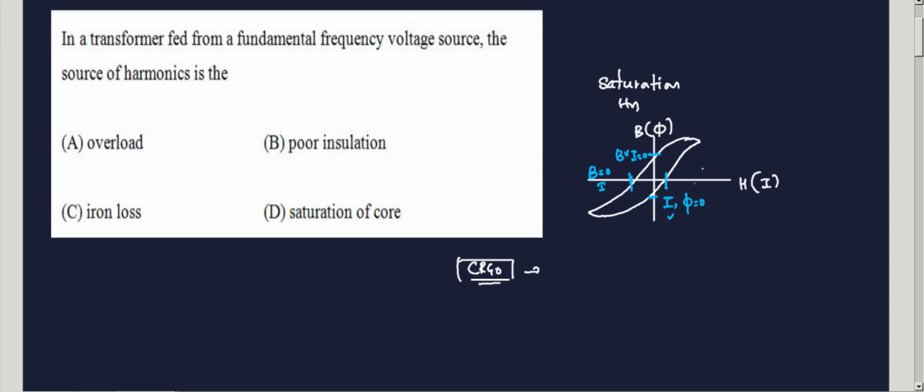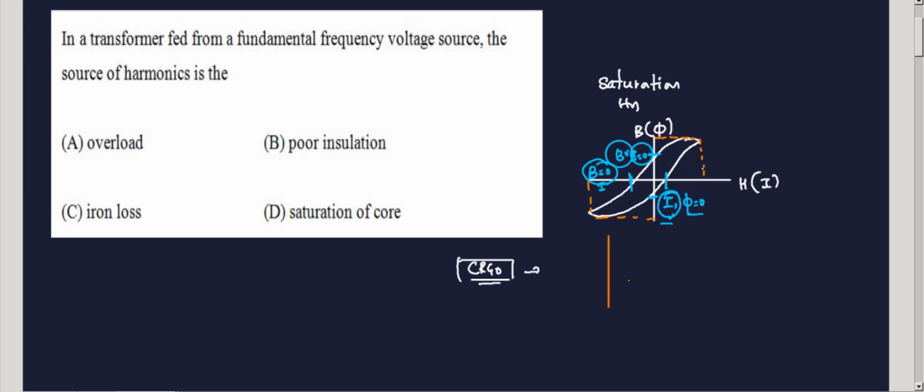Similarly here, when you have a current, flux is 0, and when you have current equal to 0, you have a flux. So current 0 and flux 0 are not occurring simultaneously, but you observe here, current max and flux max are occurring simultaneously.